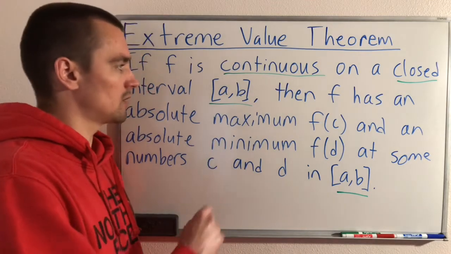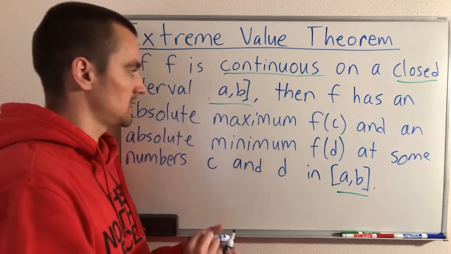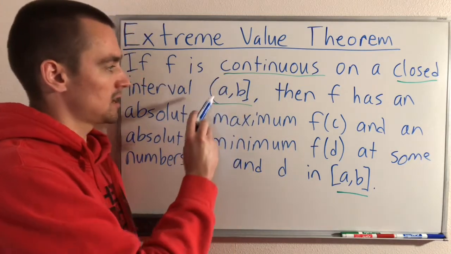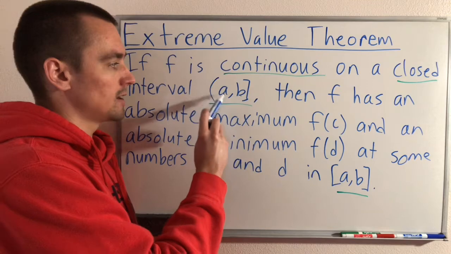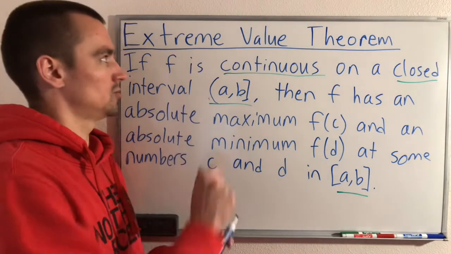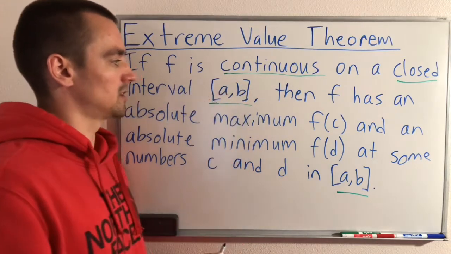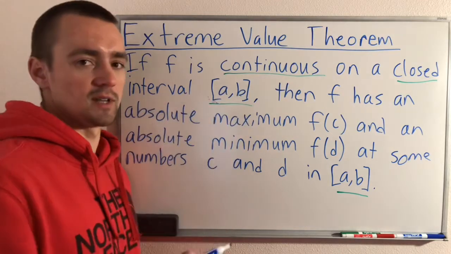An open interval would be expressed with a parenthesis instead of a bracket, and this is saying that a is not included in our interval. An open interval does not apply to the extreme value theorem. The extreme value theorem does require a closed interval, so both endpoints need to be included in that interval.